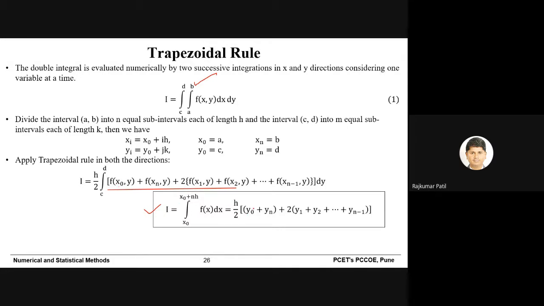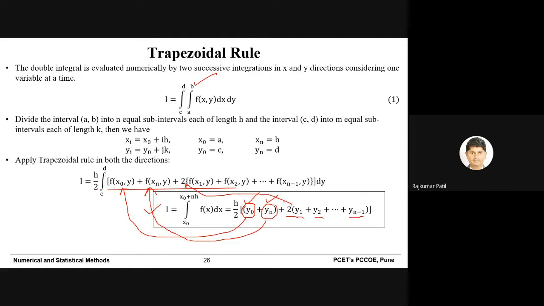The first term was y0, so similarly you can see here f of x0 y. The second term was yn, so f of xn y, that is the sum of first term plus last term plus 2 into the bracket y1, y2, y3 up to yn minus 1.